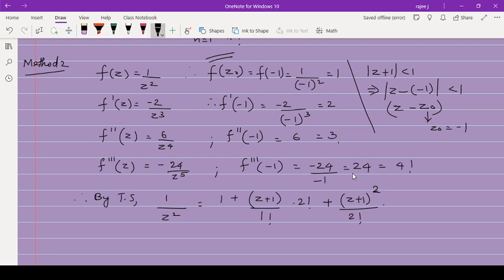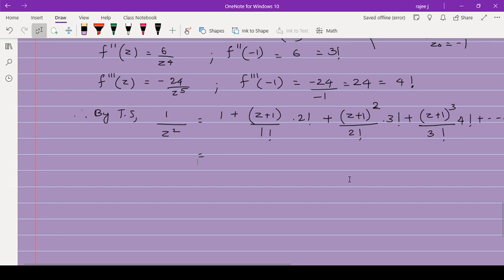So it is 3 factorial, plus (z plus 1) the whole cube by 3 factorial, and f3 dash is 4 factorial. 4 factorial plus etc.